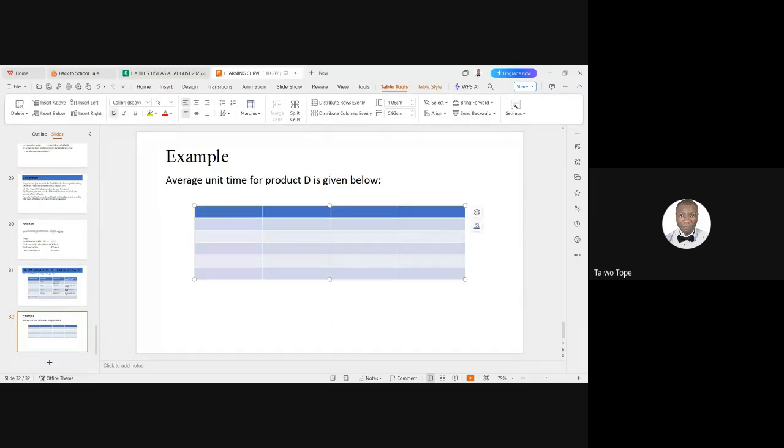Given below, we have units, cumulative average time.